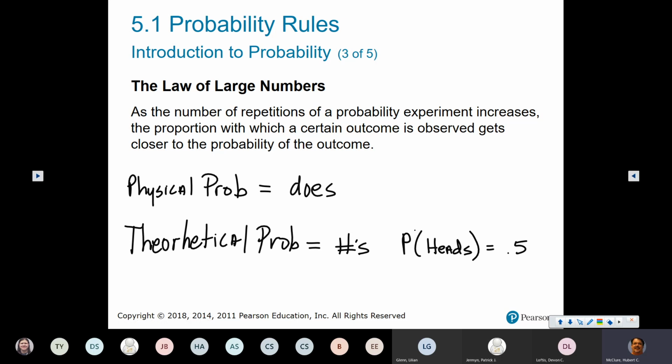If you flip that coin 10 times and it comes up heads 4 times, then your physical probability is 4/10, which is 0.4. These two do not match.